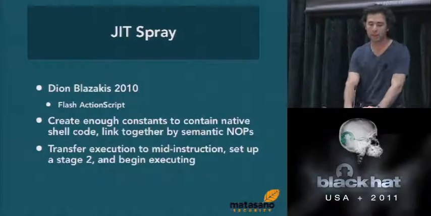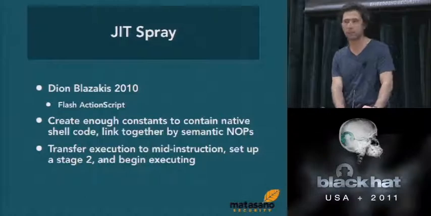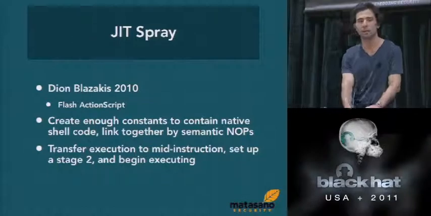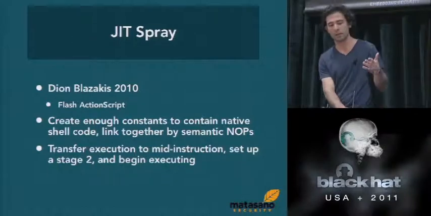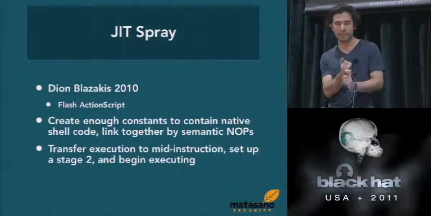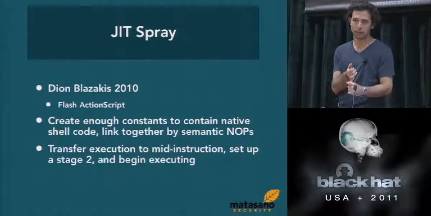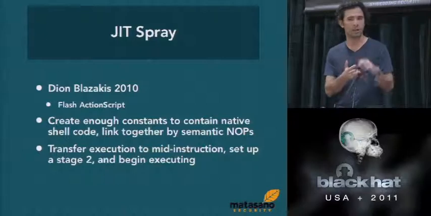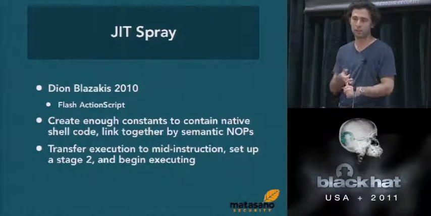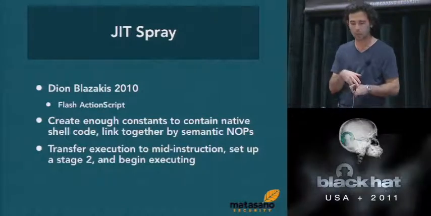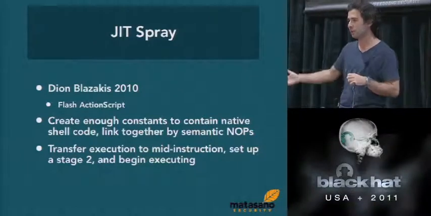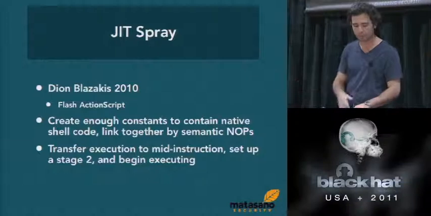So the JIT spray was targeted initially at Flash's ActionScript JIT, and the technique exploited the notion that x86 instructions aren't aligned, and you could have x86 instructions sitting anywhere in code. If you embed constants as immediates in instructions, and they're optimized, they're going to be straight in the code you're emitting.